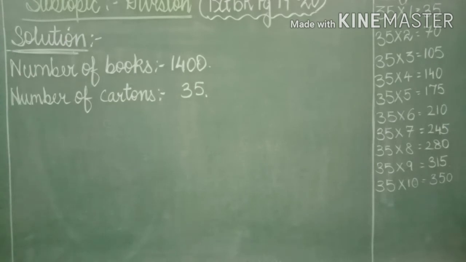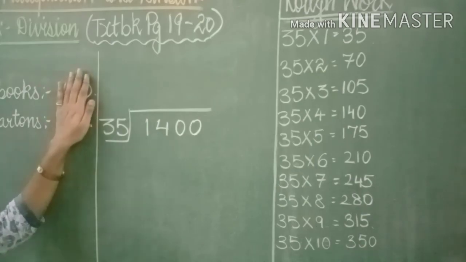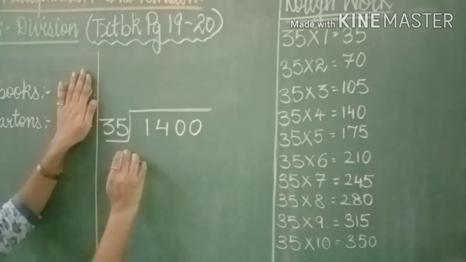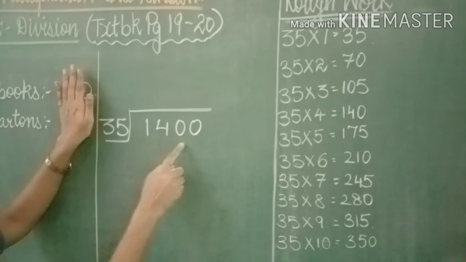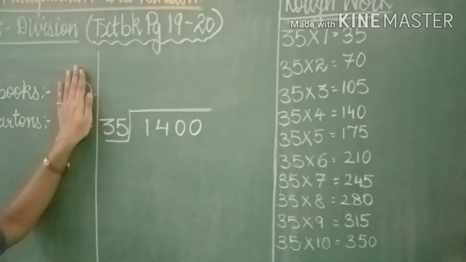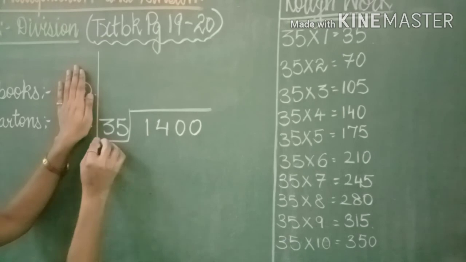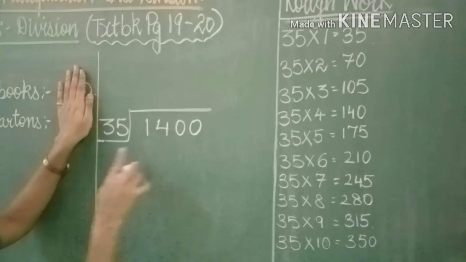So we have to divide 1400 by 35. 1 is a smaller number, 35 is a bigger number. We know this is called the dividend, this is called the divisor.